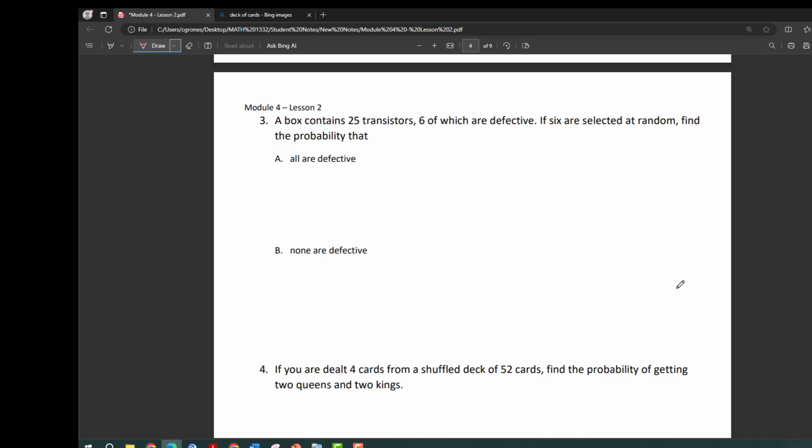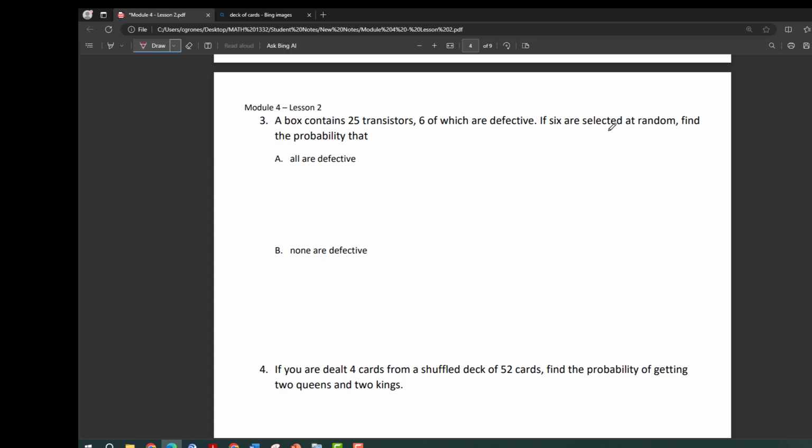All right, number 3. A box contains 25 transistors. 6 of them are defective.